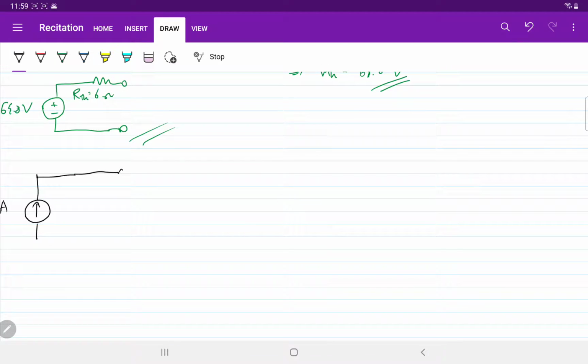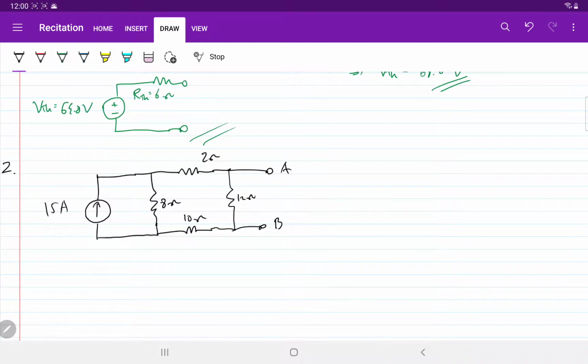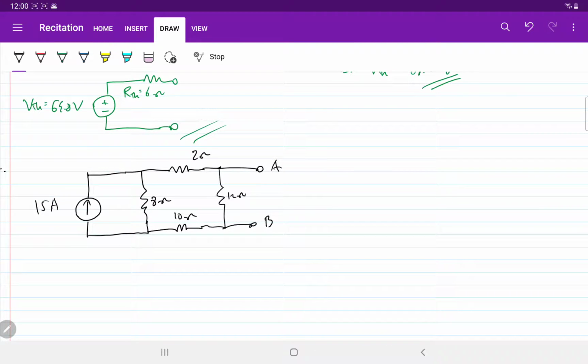We have a bunch of resistors: 8 ohm, 2 ohm, here 10 ohms, and 12 ohm. Another AB terminal, and it's asking for the Norton equivalent circuit.